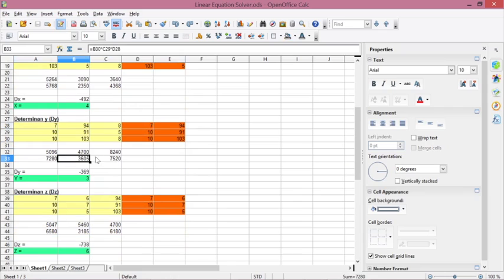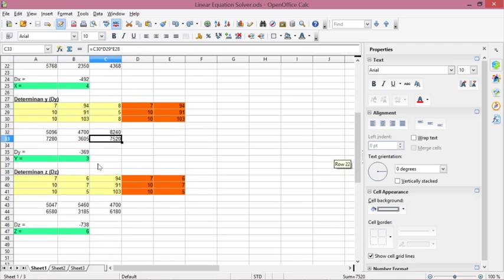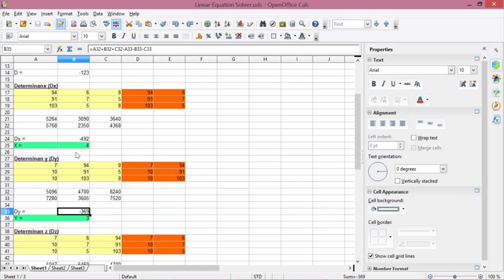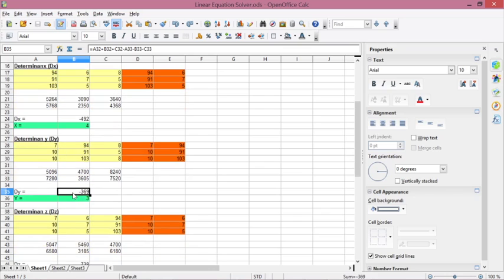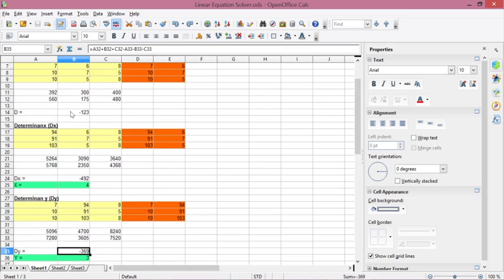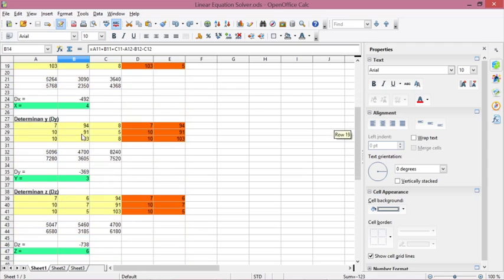You add this and subtract this, you get minus 316. For the value of y, you divide dy by d, that is minus 316 divided by minus 123, you get 3.